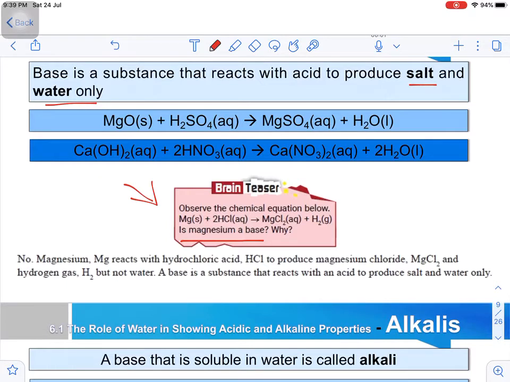The answer, no. Because a base is a substance that can react with acid to produce salt and water only. But in this reaction, it reacts with acid to produce salt and hydrogen gas. So, magnesium is not a base. Actually, magnesium is a metal.